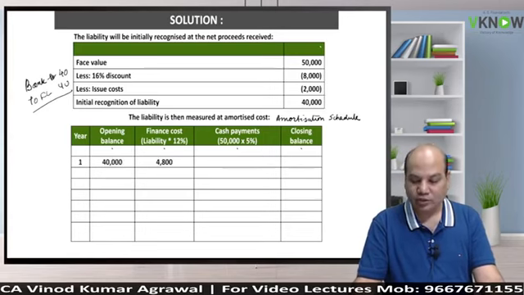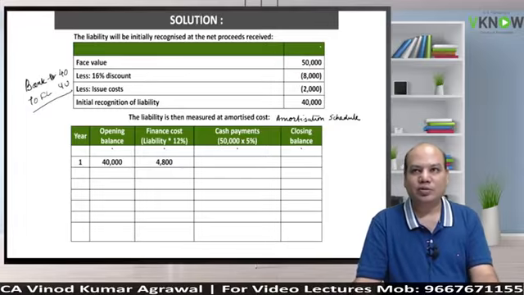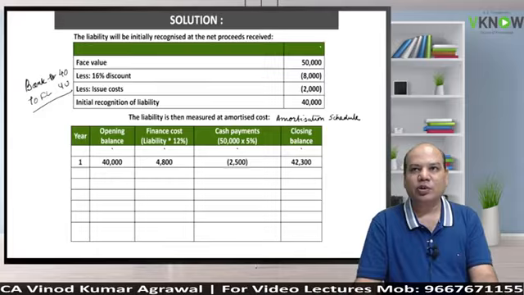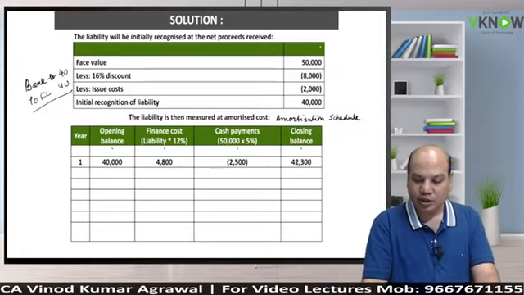You have year 1 opening balance 40,000. On 40,000 we will calculate effective interest at 12%, which is 4,800, and you will make the payment, so we reduce 2,500. So the closing balance will be 42,300. I will just explain the entry for these two items.